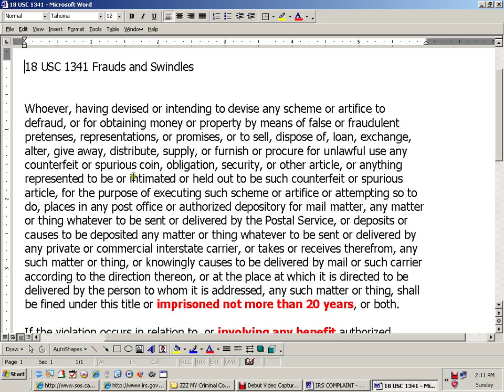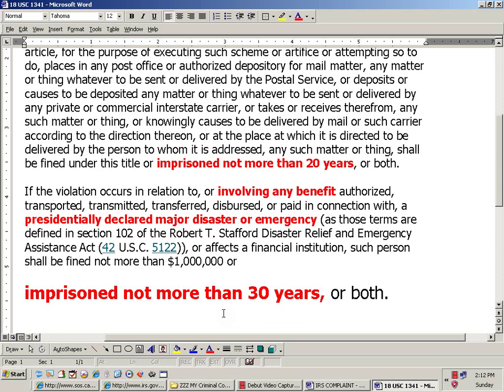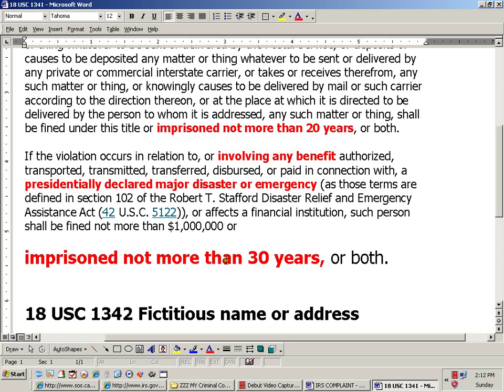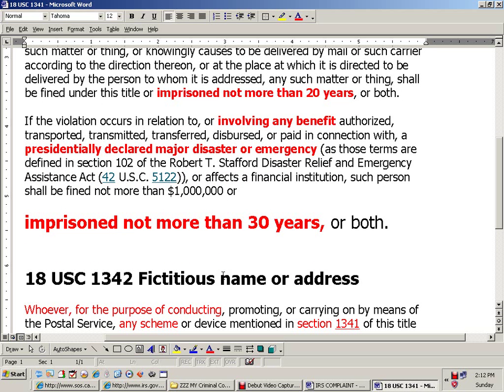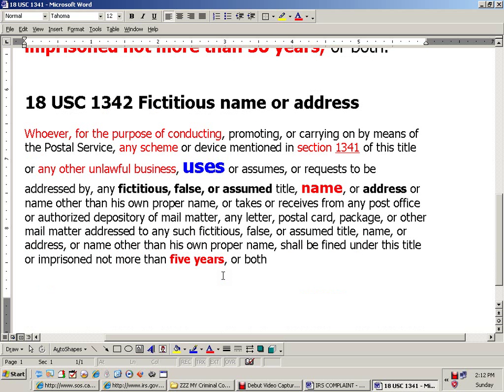And then you can go read 1341 because they're tied together, and basically they commit fraud, imprisoned for not more than 20 years. Unless it's in violation of any benefit from a presidentially declared major disaster or emergency, like a national emergency. How long have we been in one of those things? Well, then it's for 30 years. I don't think they're playing around. So, there's the two codes they're breaking.